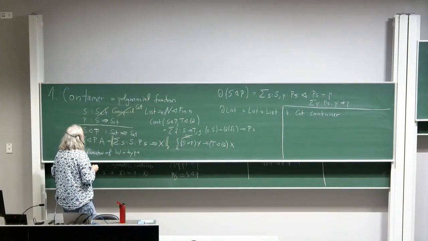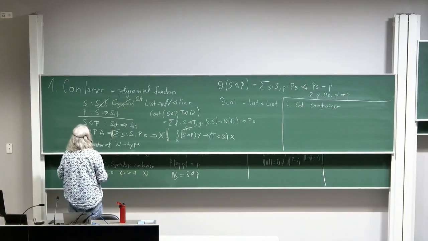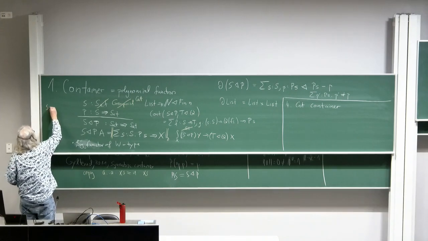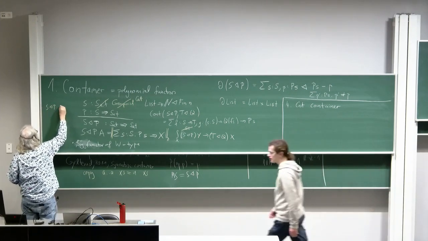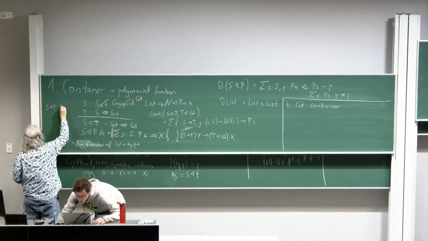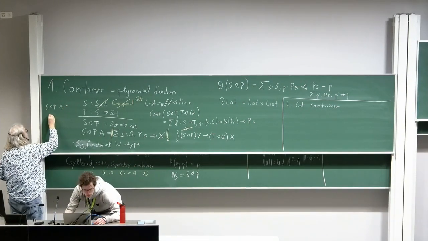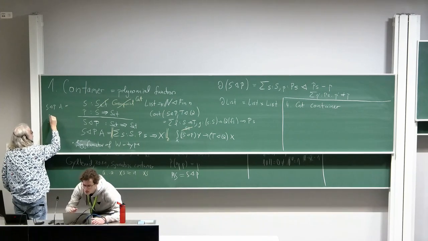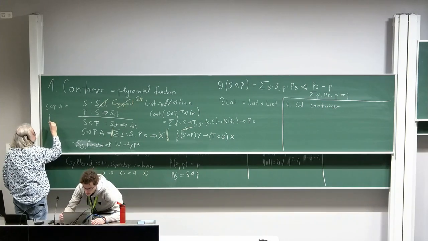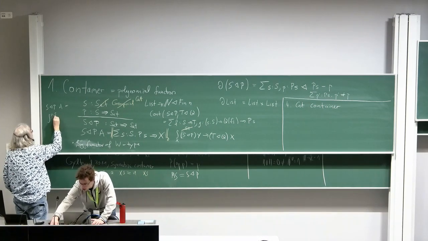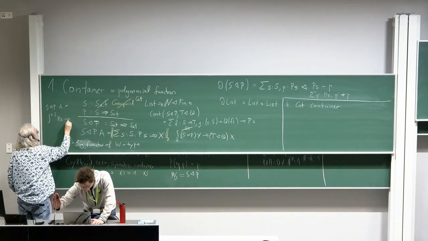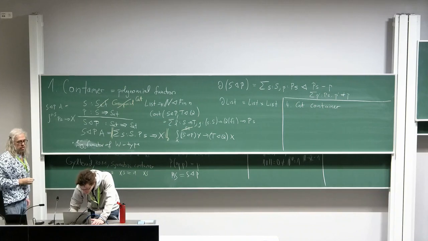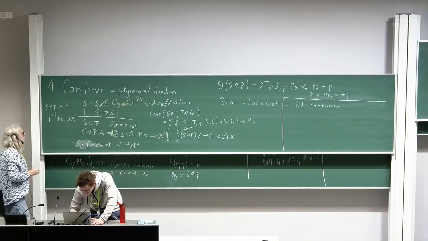And what do we do here? So here, the meaning of a categorified container is now a coend, or colimit in this case.